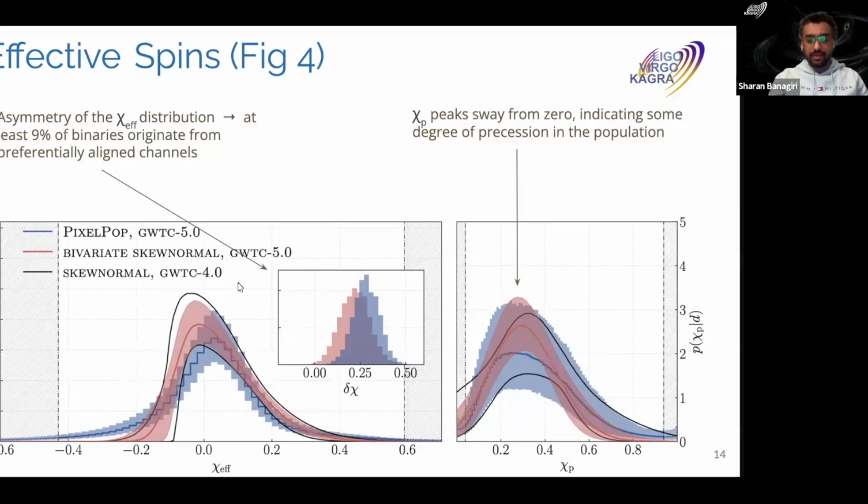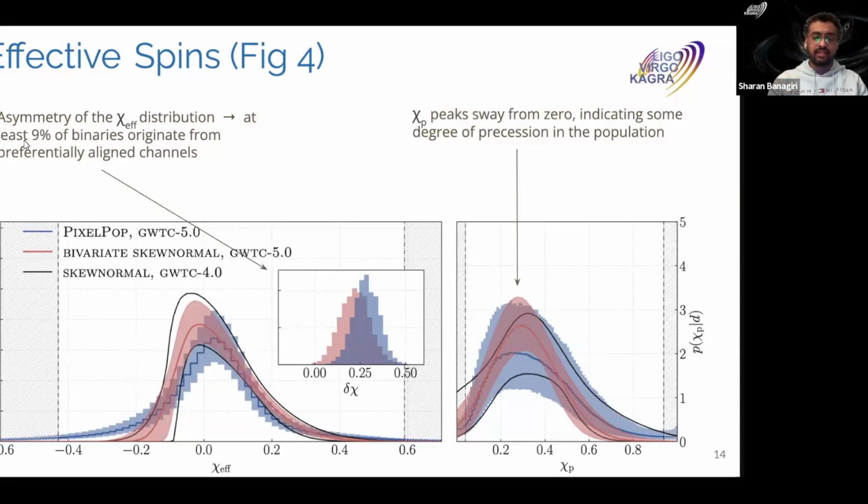But it is also asymmetric. That is, it indicates that there are more binaries which are positively aligned with respect to the orbital angular momentum compared to binaries which are anti-aligned. And this asymmetry can tell us how many mergers are coming from formation scenarios which have preferentially aligned spins.